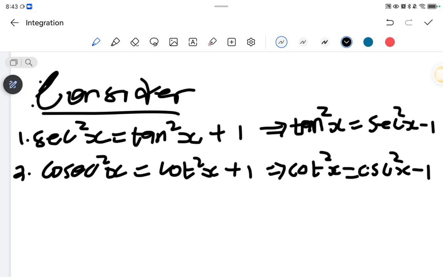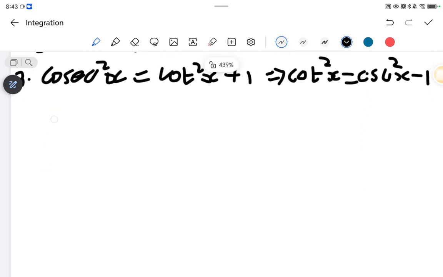Now, since we know what these are, we're going to have to apply any of these within the integral. We're going to either substitute or something like that. So now we have this first question, which is the integral of tan to the 5 x dx.